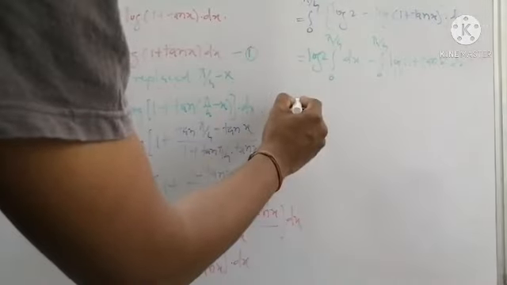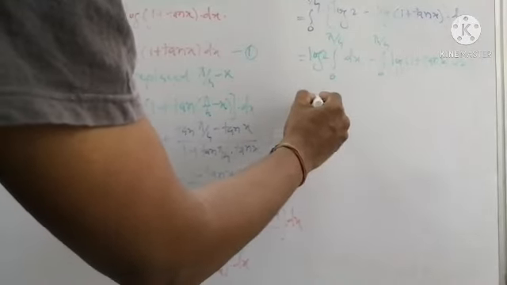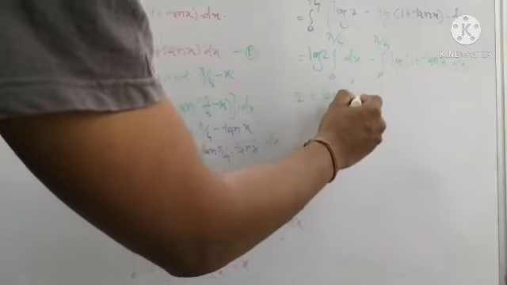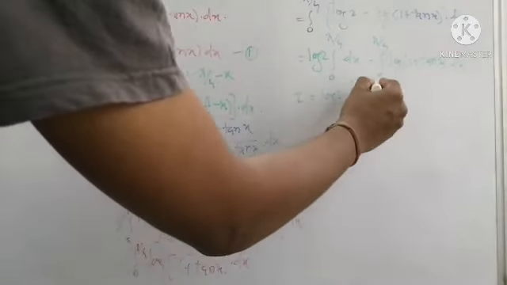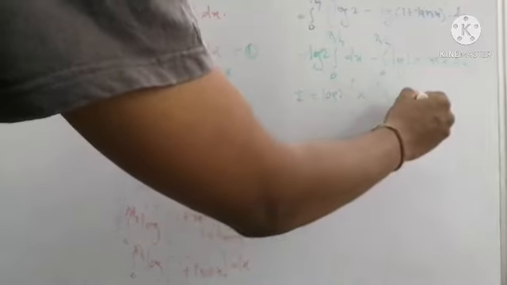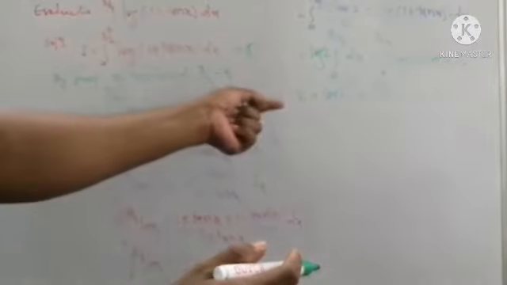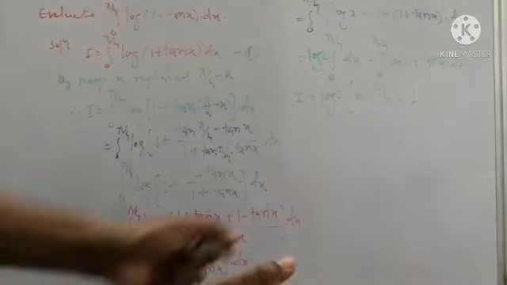So on both sides, on the left hand side we get I, on the right hand side in the first term we get log of 2 as a constant, and the integration of dx is always x with limits 0 to pi by 4, and minus I on the right hand side, which we can transfer to the left hand side, but the sign will change.